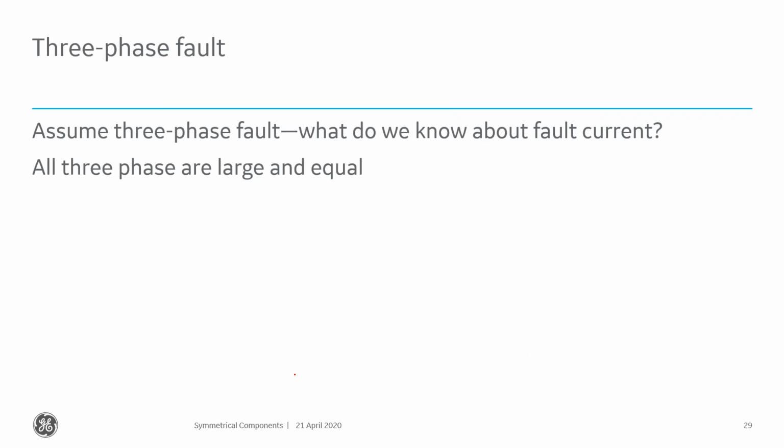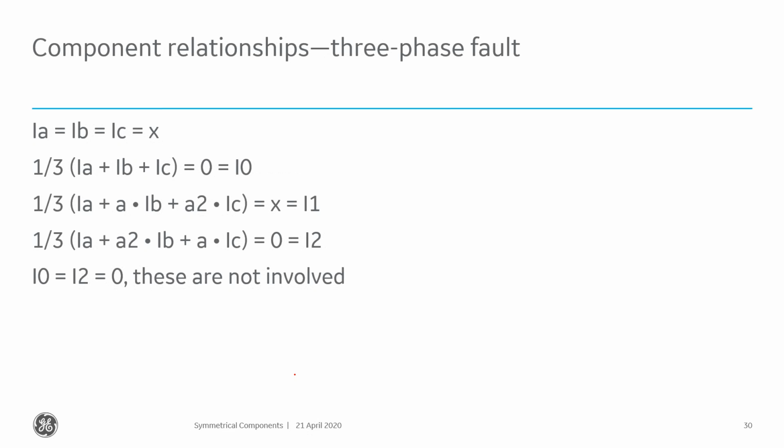For a 3-phase fault, we know that all of our currents are very large and equal if it's a balanced 3-phase fault. So IB equals IC equals X. So that means I0 is going to be 0. I1 is X. I2 is 0 because it's a balanced fault. So I0 equals I2 equals 0.